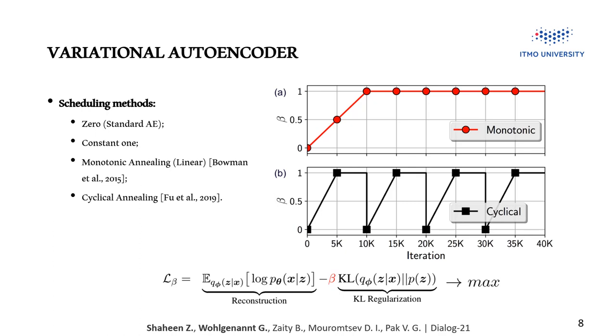Then we set beta to 1 for the rest of the training. For cyclical annealing, we split the training into cycles, and for each cycle we follow the monotonic annealing approach.